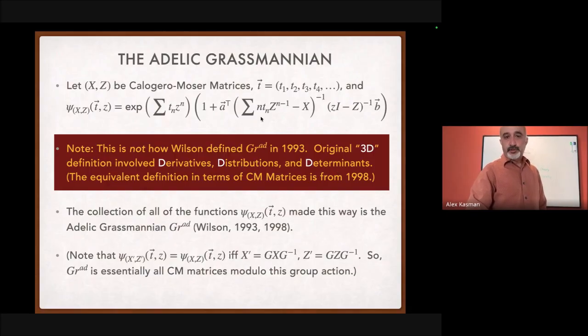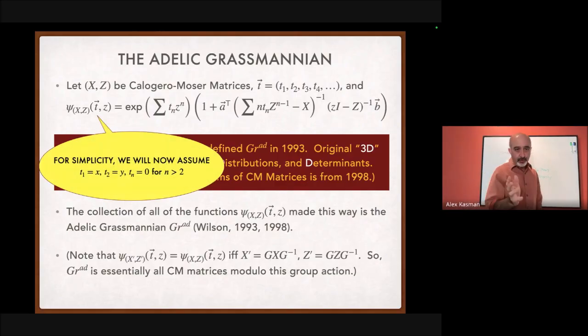The description in terms of Calogero-Moser matrices, Wilson also gave, but that was a later result in 1998. I'm sticking to the Calogero-Moser matrices because I think it's easier for you to understand. But a lot of the work that was done here was actually done using these derivatives, distributions, and determinants. So I'll refer to that as the DD approach, the DD method, instead of the Calogero-Moser approach.